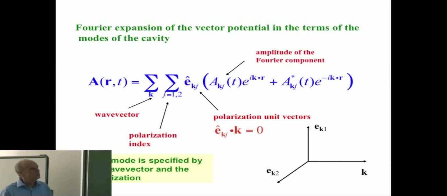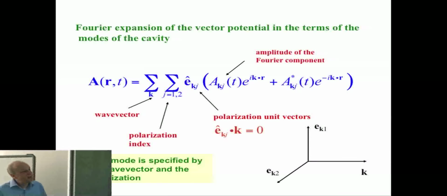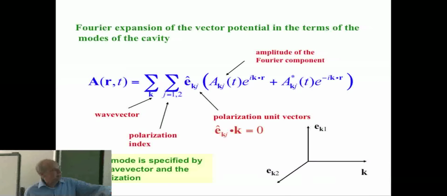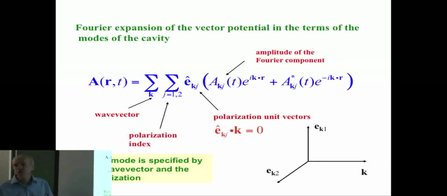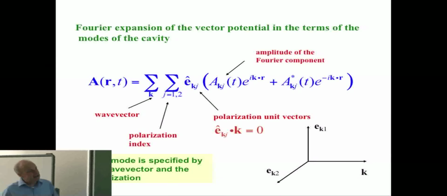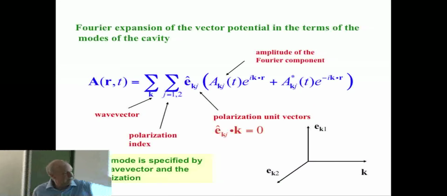But what is possible to see from the fact that we are using the Coulomb gauge is that the direction of the field given by the polarization vector must be orthogonal to k. So we have this situation: if this is the direction of the wave vector, the polarization vector must be in a plane that is orthogonal to k.